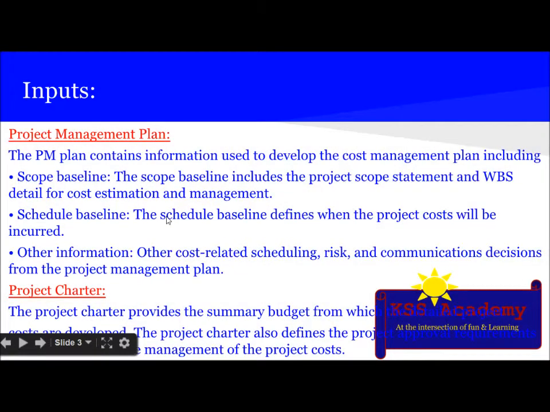So let's see the inputs. The first input is the project management plan. The project management plan contains information used to develop the cost management plan, including scope baseline, schedule baseline, and other information. The scope baseline includes the project scope statement and WBS details, or the work breakdown structure detail, for cost estimation and management.